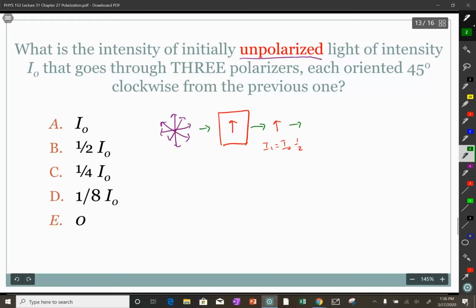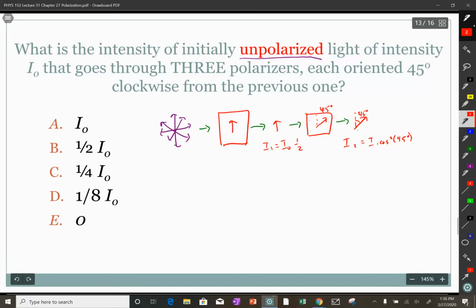Now we go through a second polarizer that is oriented at 45 degrees from the first one. So what comes out has to be oriented in the same direction as this new polarizer. And the intensity of this is going to be I2 equals I1 cosine squared of 45 degrees.